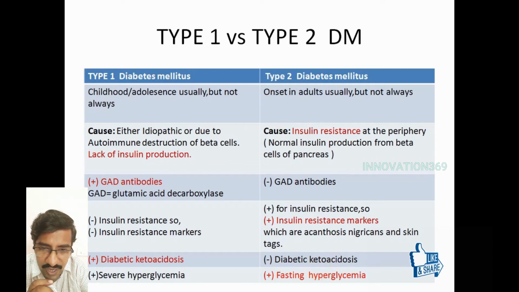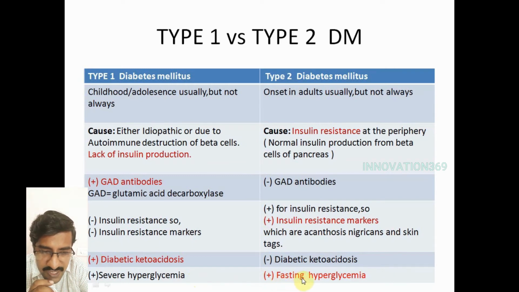So in type 1 diabetics, if you see diabetic ketoacidosis, immediately you start treating the patient. Another difference: in type 1 diabetes, because there is lack of insulin production, you see severe hyperglycemia in these patients. But in type 2, insulin is present but there is only insulin resistance, so you usually see fasting hyperglycemia.